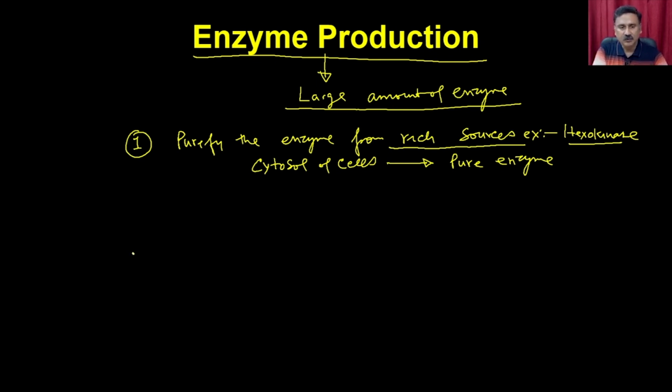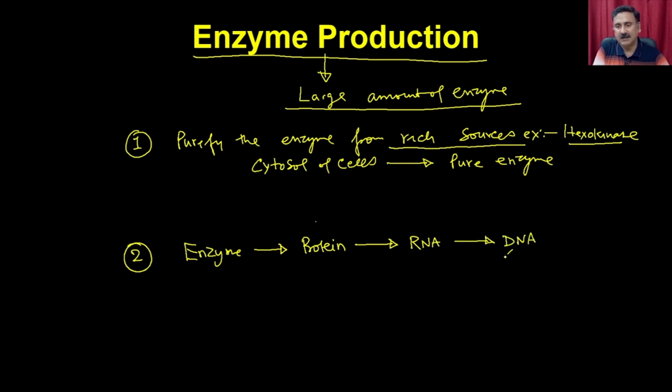The second approach, which is more straightforward and gives you the enzyme with a lot of ease, is this. Enzymes are made up of proteins, and proteins are synthesized from RNA, which is coded from the DNA. This DNA is also called a gene.